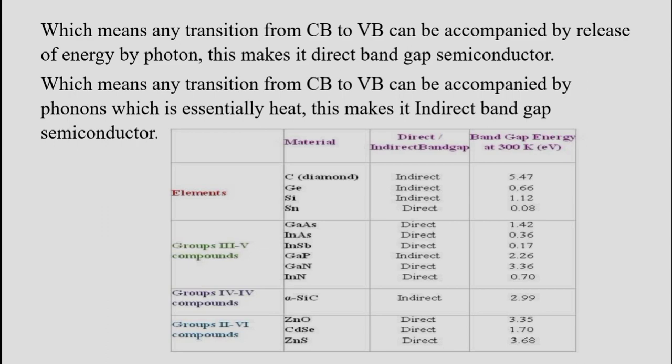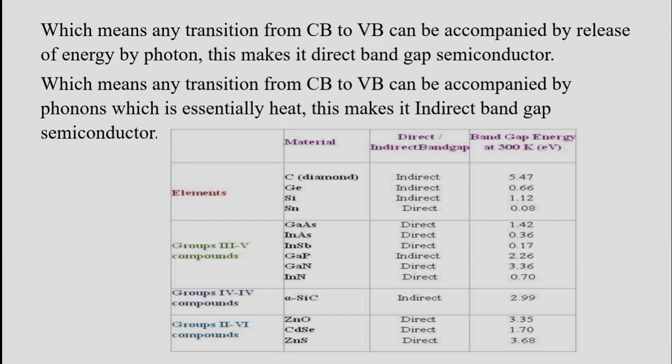In order to conserve momentum, or to compensate, a phonon is needed, or in addition to the photon, a phonon is released. So this makes the difference between direct and indirect band gap semiconducting materials.